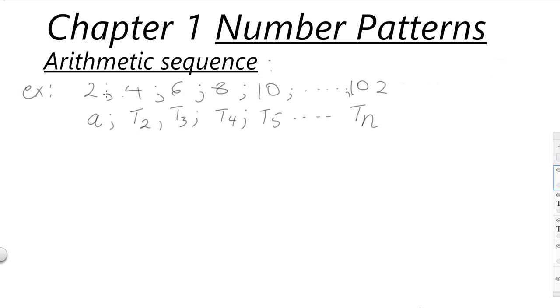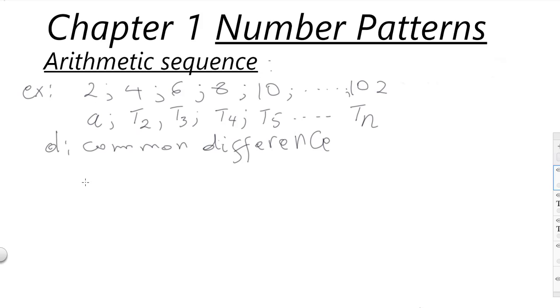For example, 4 minus 2 is 2. 6 minus 4 is 2. 8 minus 6 is 2. 10 minus 8 is 2. Okay? So that number we call the common difference. It is represented by d, the common difference.